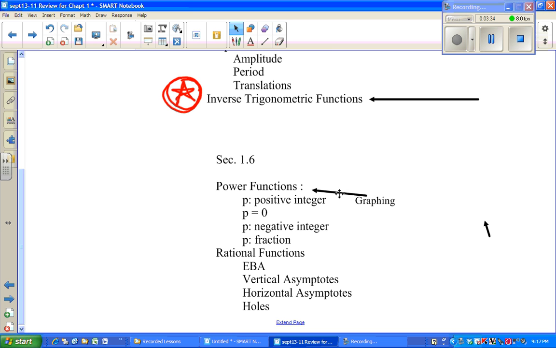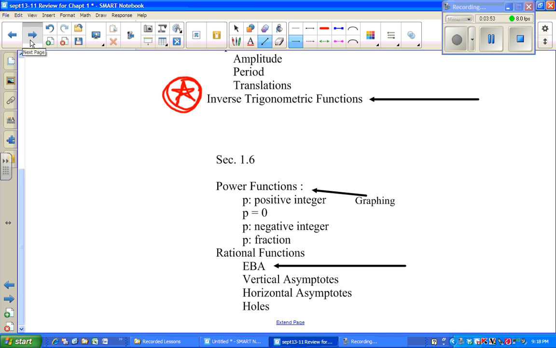The rest will have to do with your graphing calculator and with your rational functions. So again, vertical asymptotes, horizontal asymptotes, holes, and end behavior. Again, a good item to look up and remember, end behavior of a function.